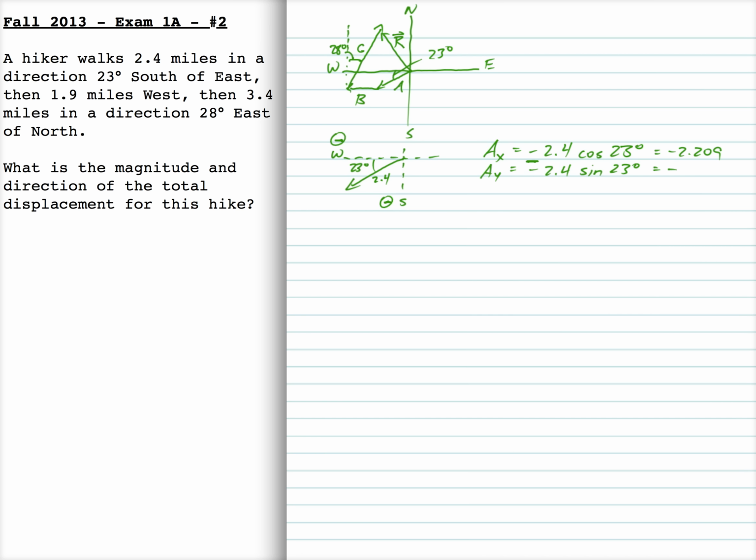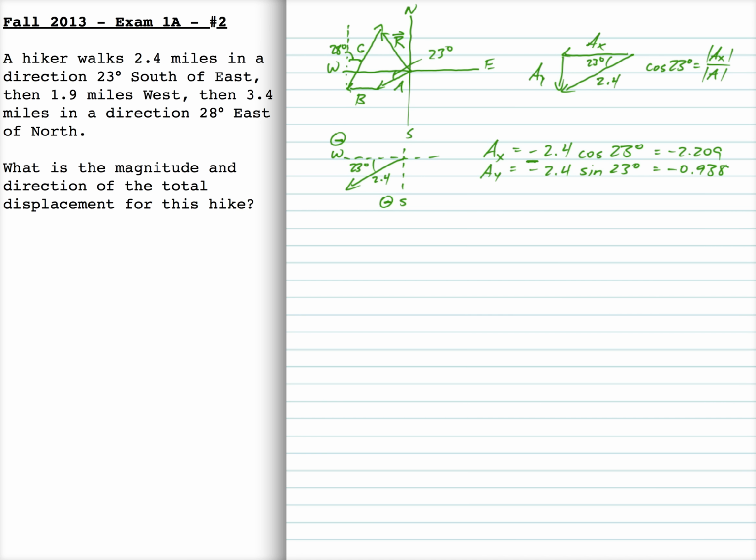And that's minus 0.938. Just to be clear, I've drawn a triangle like this. This is 2.4, and this is the x component and the y component. I'm using the trig identity that cosine 23 is equal to the adjacent side over the hypotenuse.